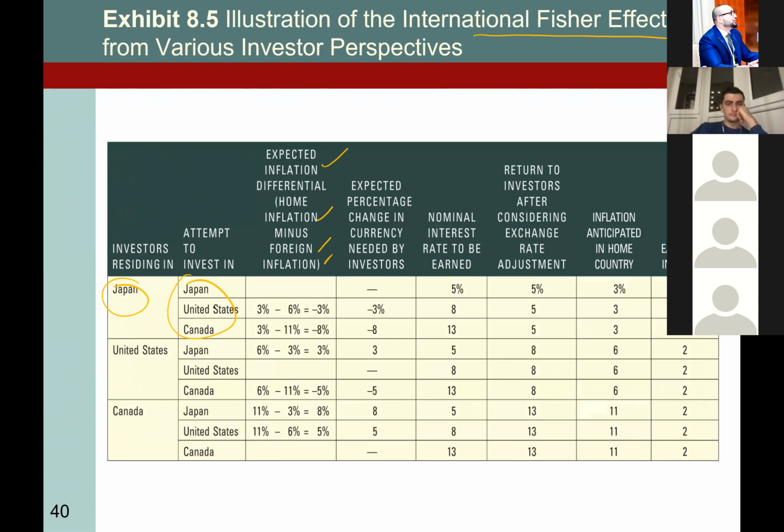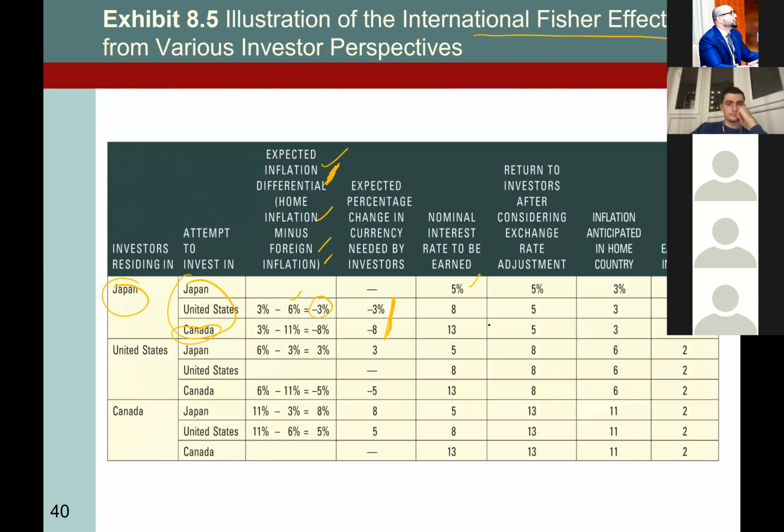So here, Japan, United States, and Canada. Japan with the United States, it's -3. Japan with Canada, it is -8. So that is the expected difference between these two countries, the inflation differential, right?